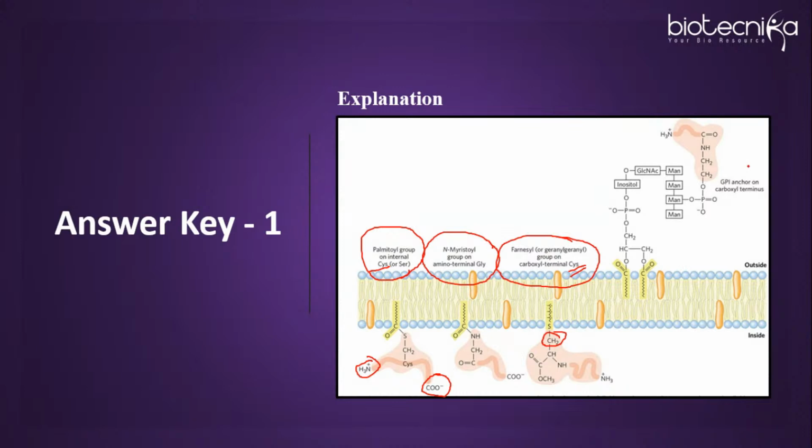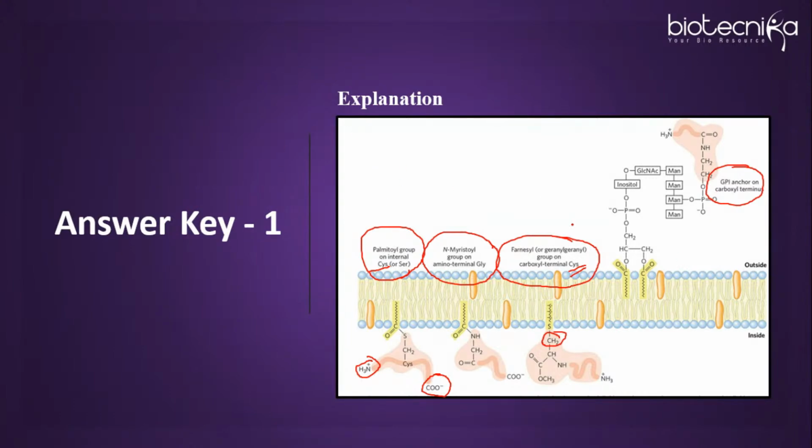Similarly, GPI anchored proteins are attached to the C-terminus region. So if you simply remember this easy diagram from your text, it will be easy to fetch the marks. Don't you think this is an easy question?